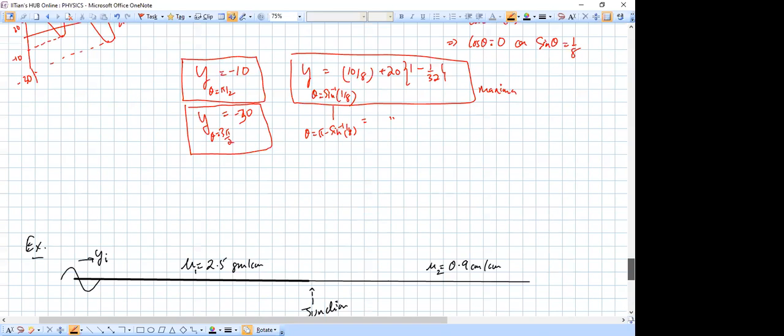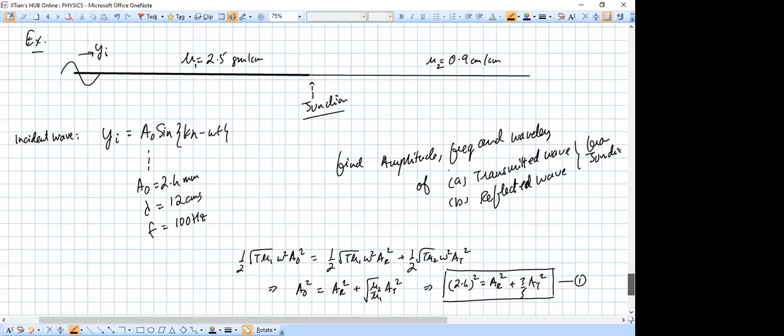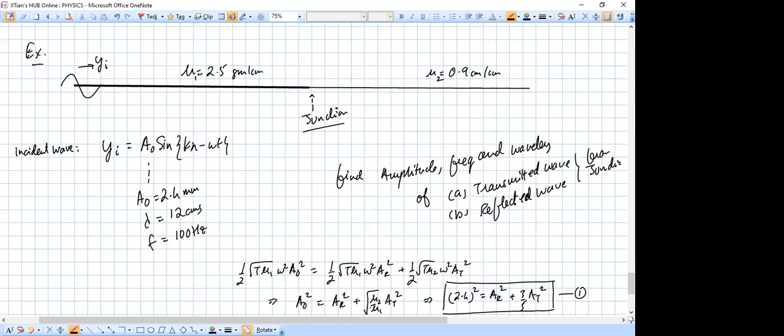And about the wavelength, you can see that the frequency of both will be the same. So the transmitted wave will have the same frequency as the incident wave, so 100 hertz. But because your wave speed will become 5 by 3 times the incident wave speed, lambda will also become 5 by 3 times lambda of incident.